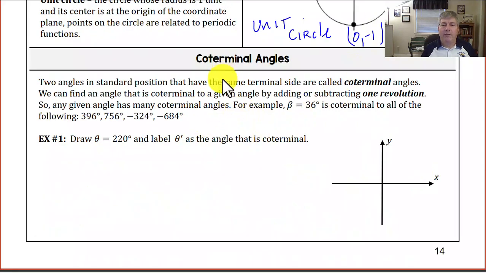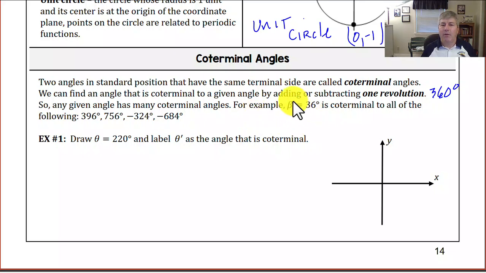We have talked briefly about coterminal angles. Coterminal angles are two angles in standard position that have the same terminal side, and that's why they're called coterminal angles. We can find an angle that is coterminal to a given angle by adding or subtracting one revolution, which would be right now 360 degrees. So any given angle has many coterminal angles.